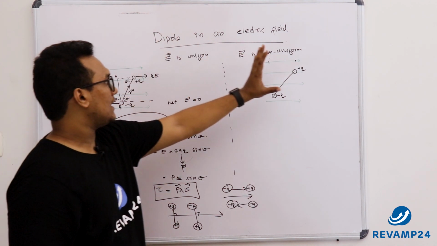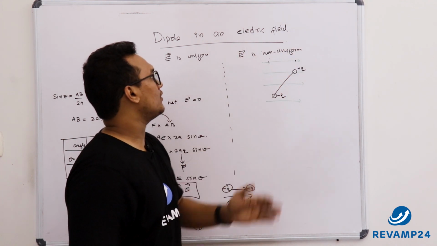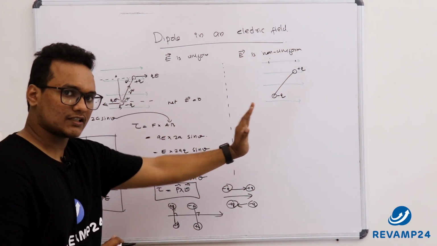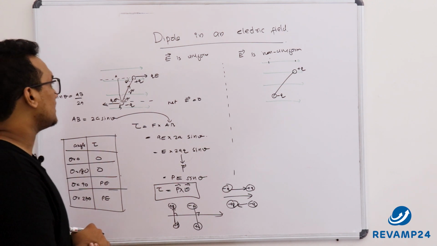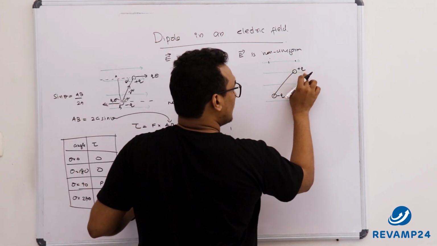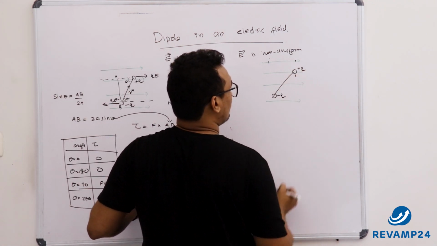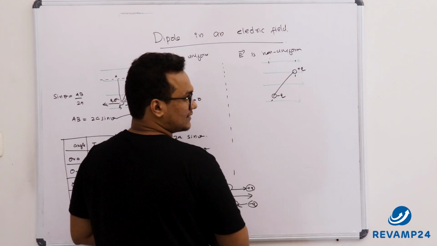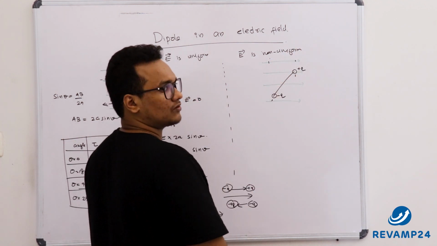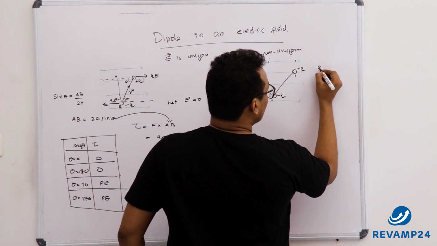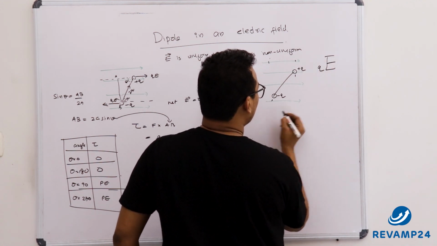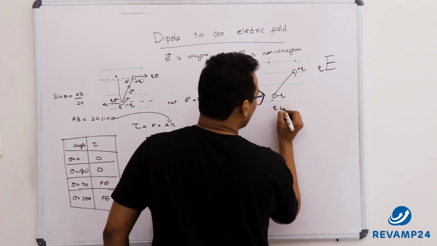So in a non-uniform electric field, there is no difference from this, but the only difference is, see here, if the electric field is more, say for example here the electric field is more and here the electric field is less, non-uniform, the value of the electric field is not the same. So here this will be Q into the higher electric field and this will be Q into the lower electric field.